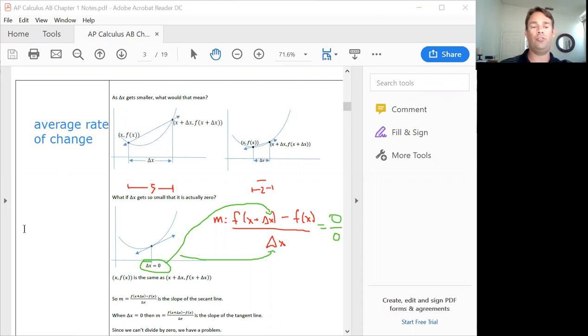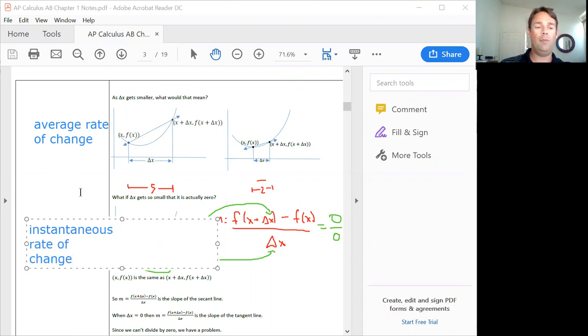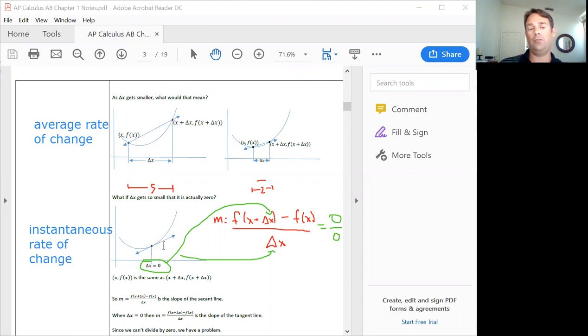But if those points are at the exact same time, maybe there's a way we can look at this as finding the rate of change at a given moment. So slope is average, but this idea of finding the slope at a point, that's instantaneous.